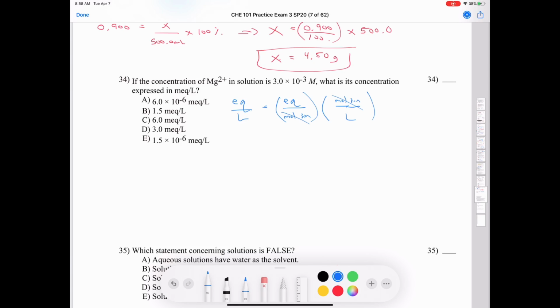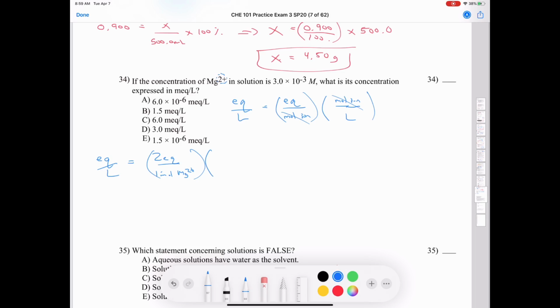Anyhow, so let's get started here. So if we want to solve for the number of equivalents per liter to start off with, well, magnesium has a 2 plus charge, so that means there's 2 units of charge. So we'll plug that in. So we have 2 equivalents for 1 mole of Mg2 plus ions.